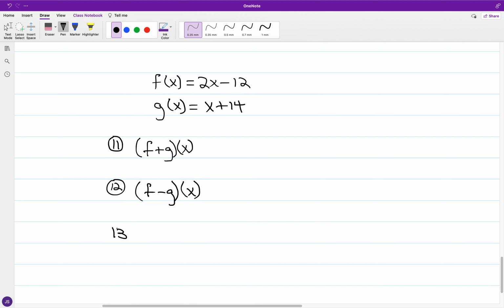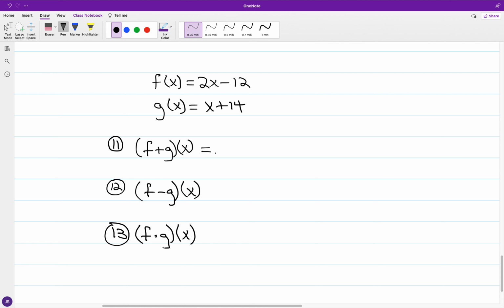And we have also f times g of x. And again, the sum, difference, and product functions will have the exact same domain, and any restrictions will be limited to just combining the restrictions from f of x and g of x.